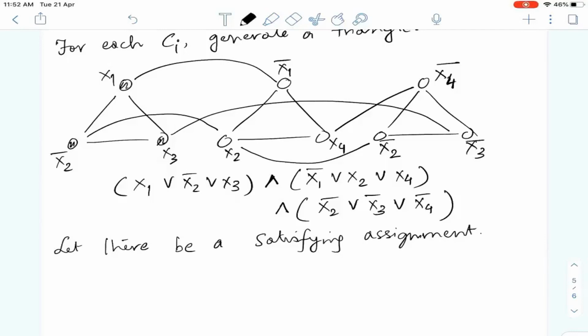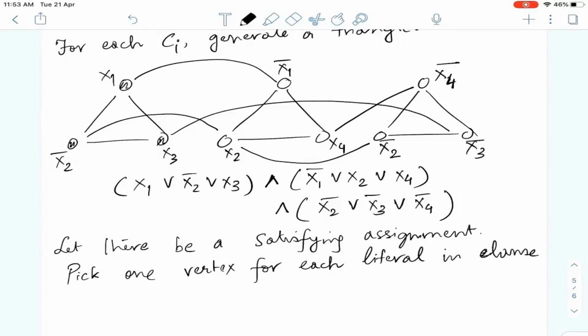In this way, for all the clauses, I pick exactly one vertex for each clause: one vertex for a literal in each clause that is set to 1.